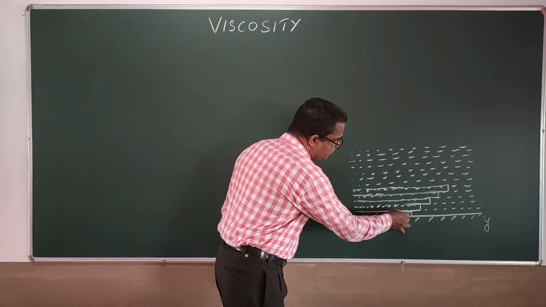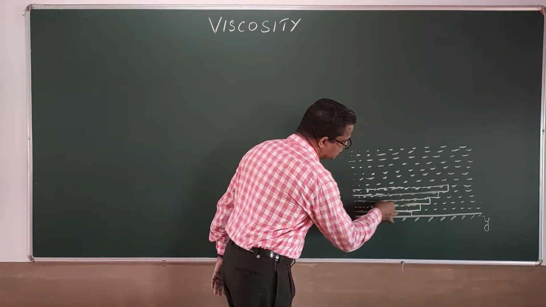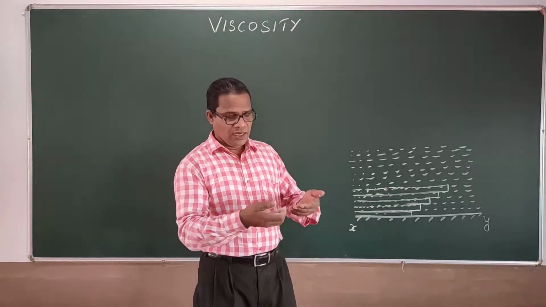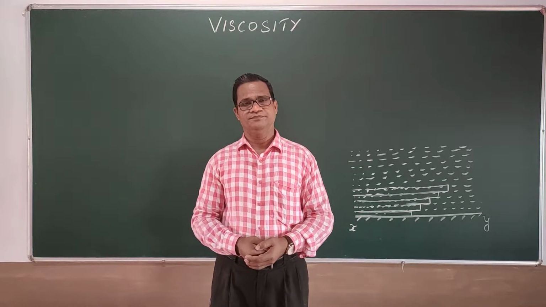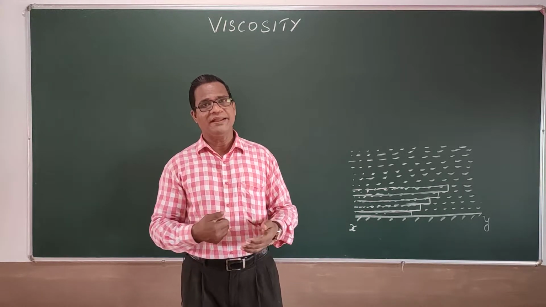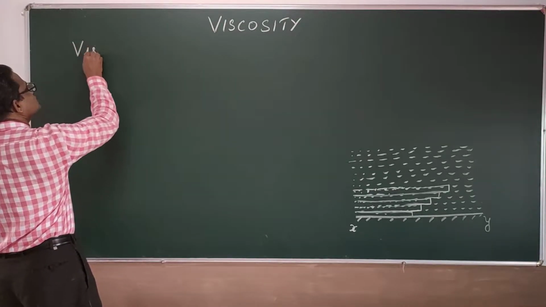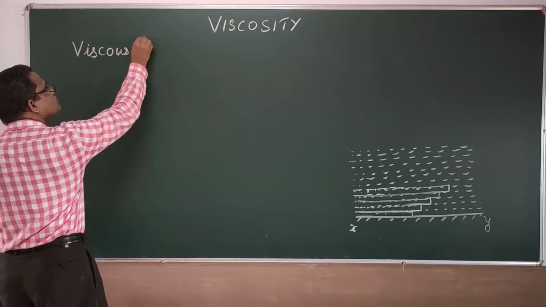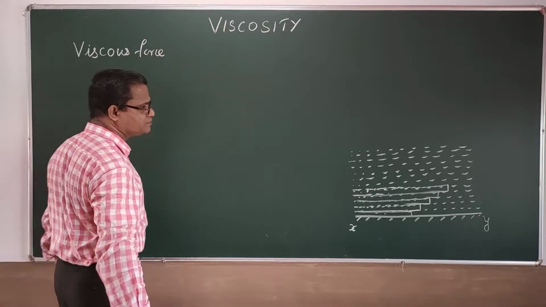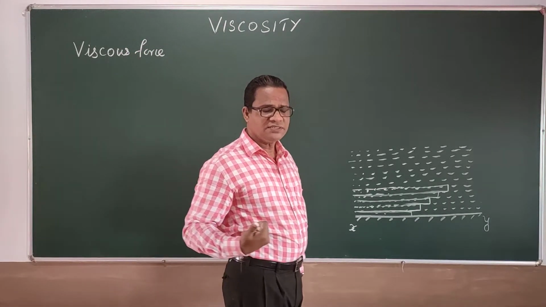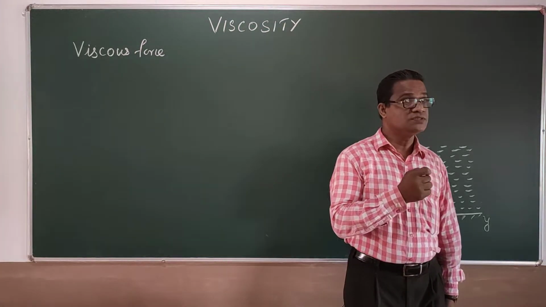So actually, between the layers of the liquid in contact, there exists a dragging force. That dragging force is called viscous force. Viscous force. And that dragging effect is called viscosity.